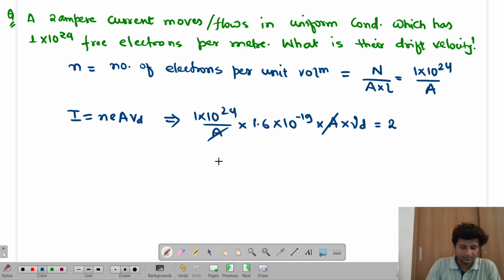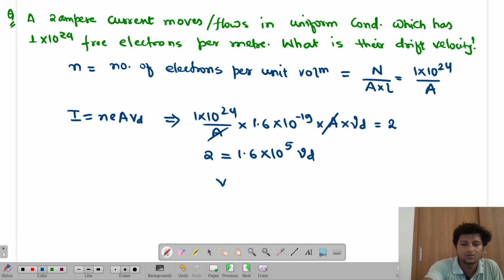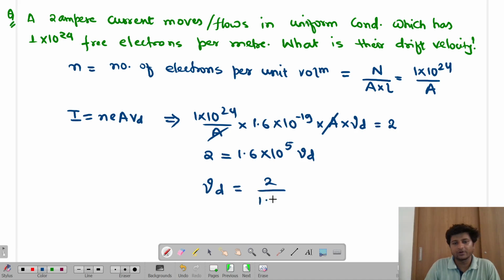Got it or not? If you solve it, it will come as 2 is equal to 1.6 into 10 to the power of 5 into vd. So vd is equal to, therefore drift velocity is equal to 2 divided by 1.6 into 10 to the power of 5.